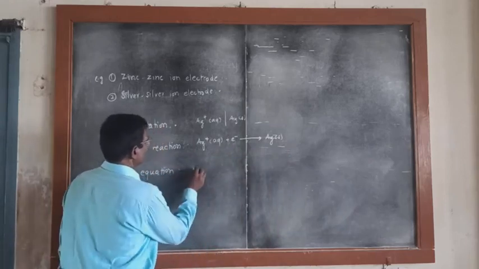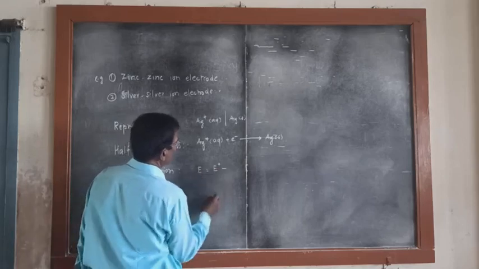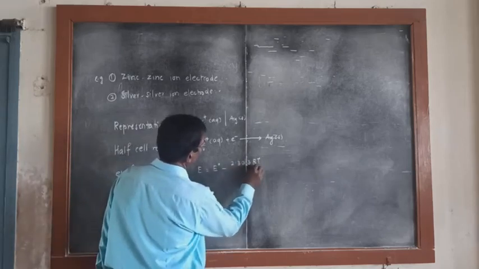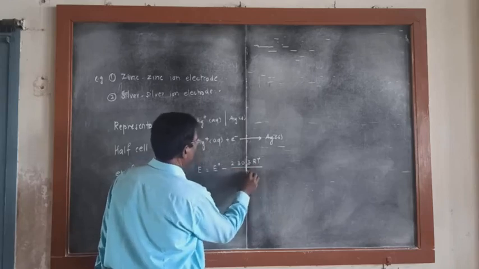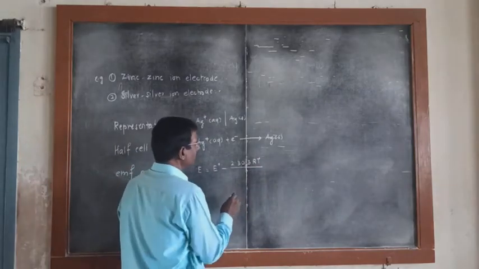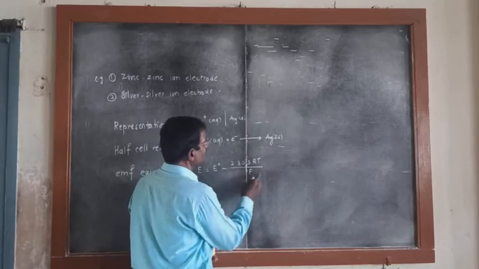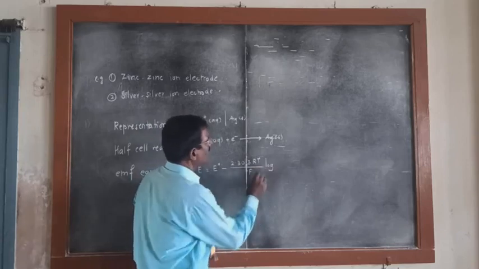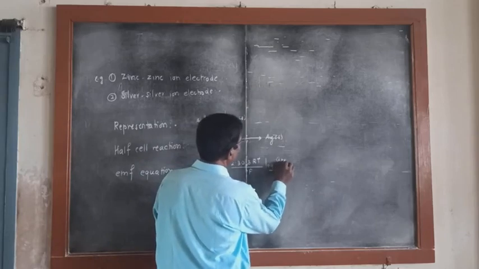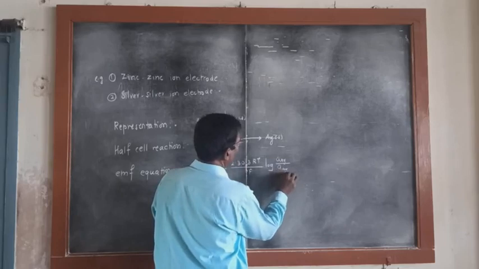EMF equation is E is equal to E0 minus 2.303 RT upon, here number of electrons, that is value of n is 1, therefore 1 into F, into log of activity of reduced state. In this half cell reaction, reduced state is activity of Ag, oxidized state is activity of Ag+.